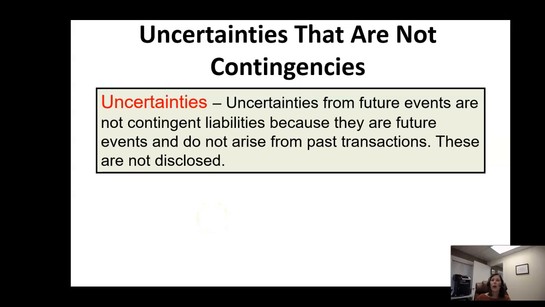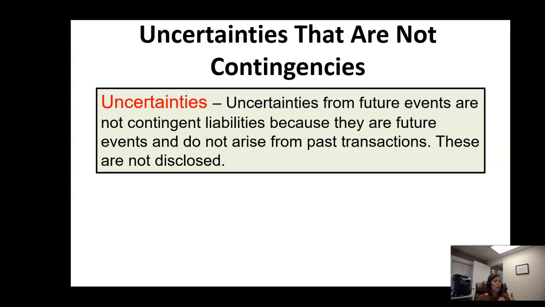Then there are uncertainties that are not contingencies, and those are future events. So we don't want to disclose something in our financial statements that didn't occur in some way or cannot be in some way tied to the financial statement period.